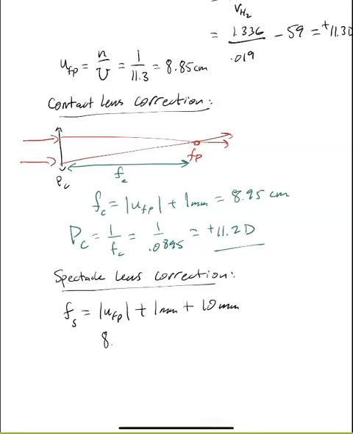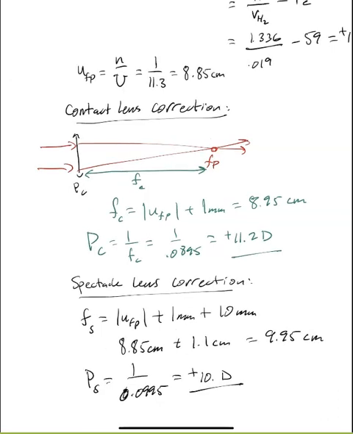So this is 8.85 centimeters plus 1.1 centimeters of additional amount, and so that gives us 9.95 centimeters. And so then the power of the spectacle lens is going to be 1 over that, plus 10.